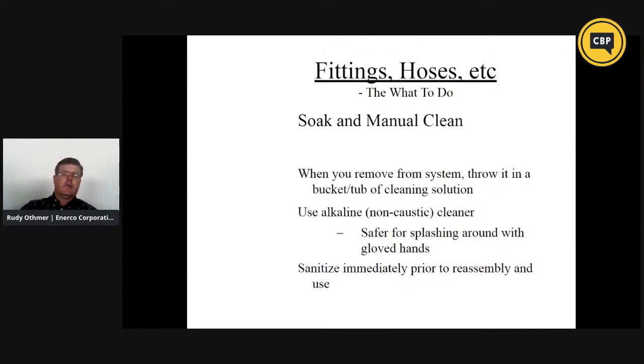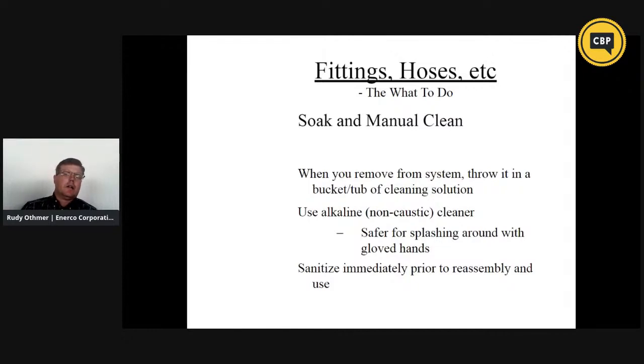Some can be cleaned as part of your CIP cycle, but you want to take those fittings apart. They're excellent places for both residual soil and residual cleaner, and they make great places for the microorganisms to set up housekeeping. So take them apart, manually clean them.